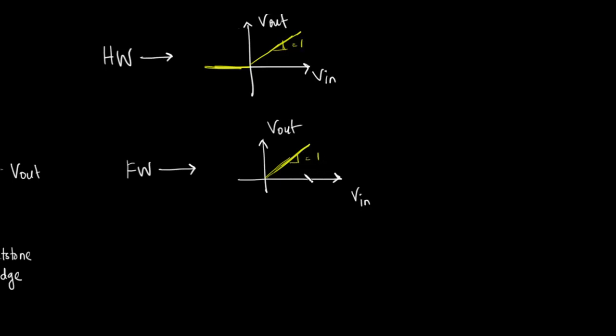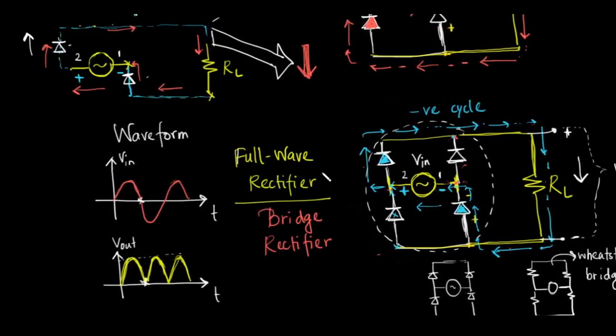What about the negative cycle? We can see that if the input voltage is negative, the output voltage is still positive. So for the negative cycle, the output voltage is the negative of the input voltage. Why? Suppose this is minus 5 volt.